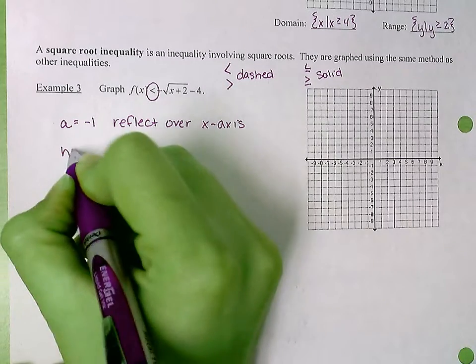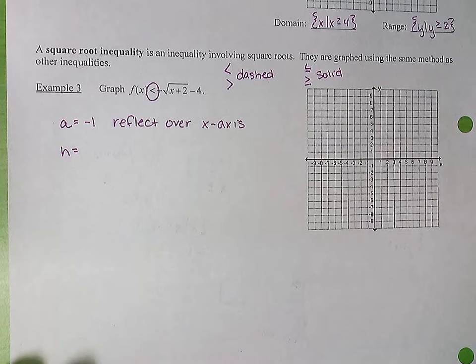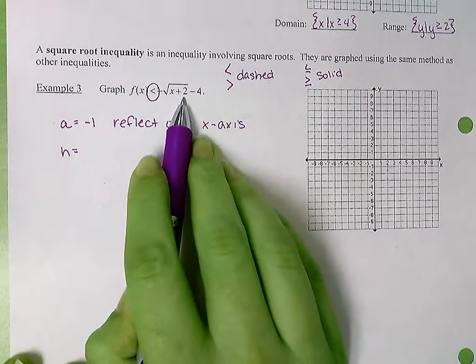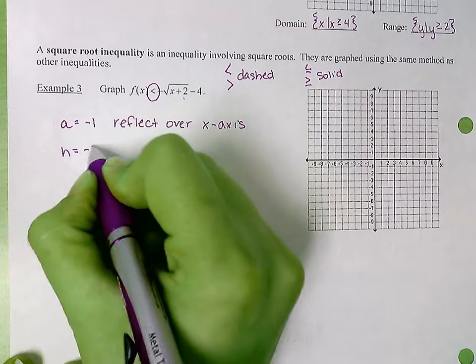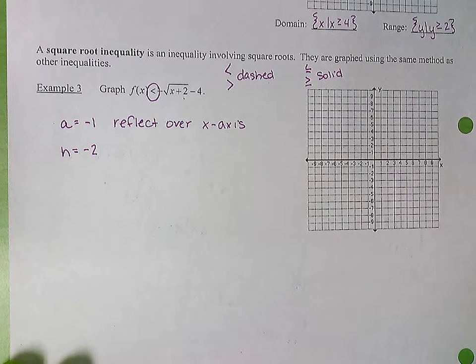Next, we need our h value. H is where this 2 is. Is it positive or negative? It's negative because of the negative in front.